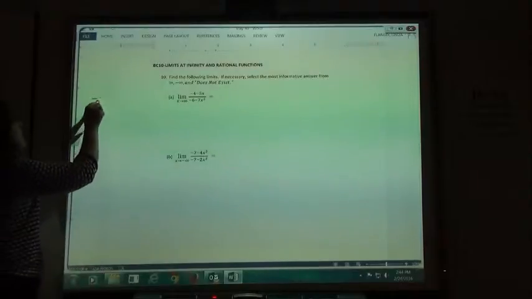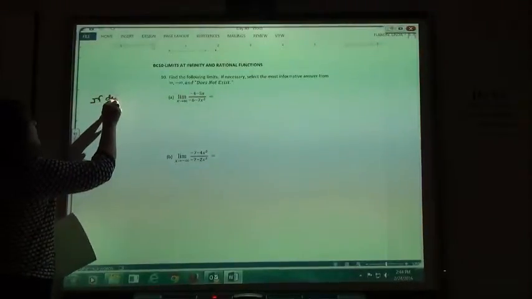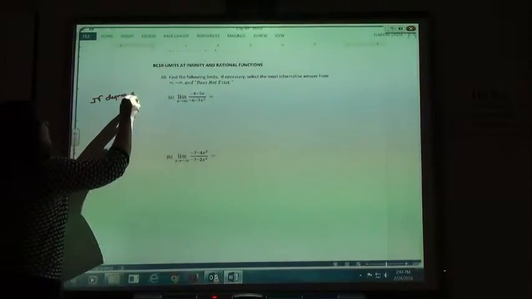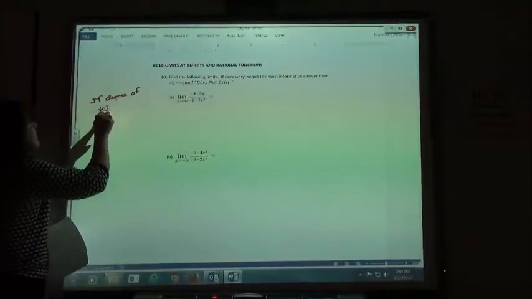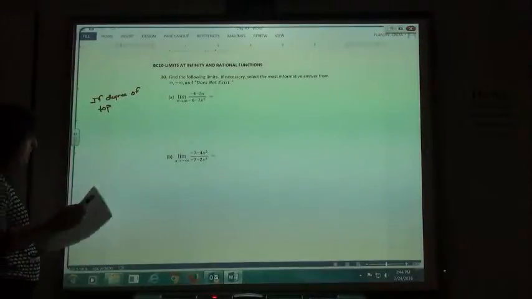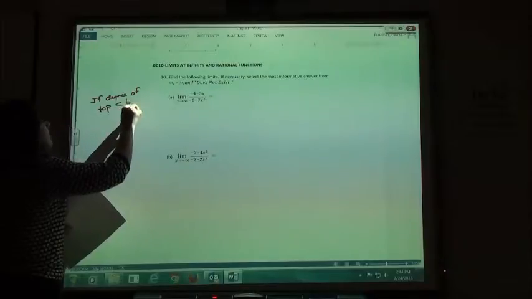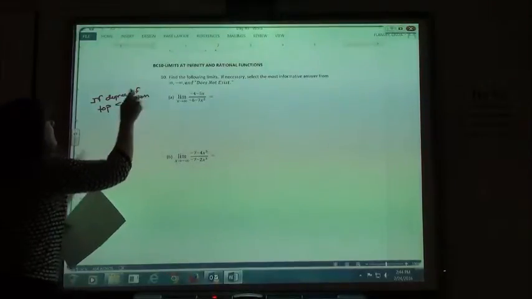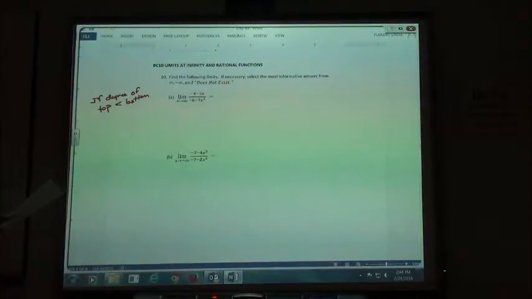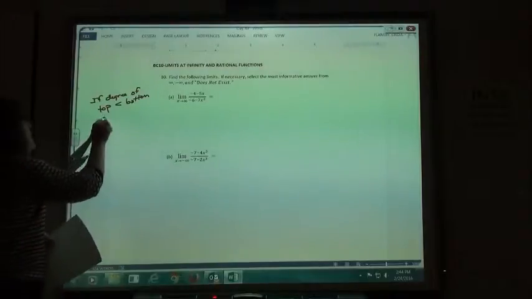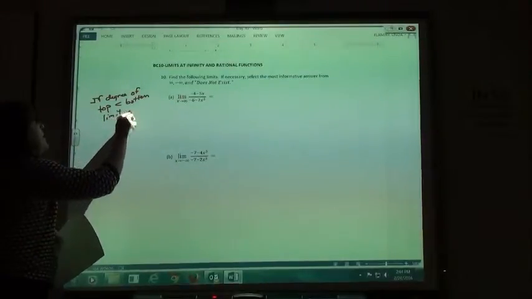So, if the degree of the top is less than the degree of the bottom, then the limit equals 0.